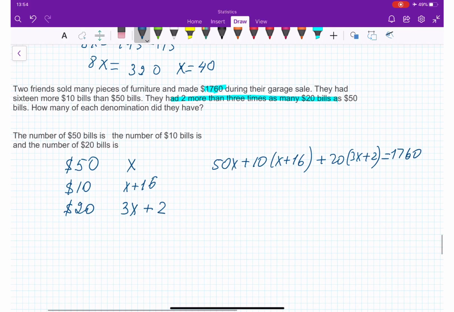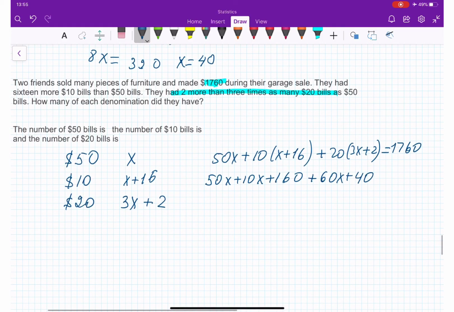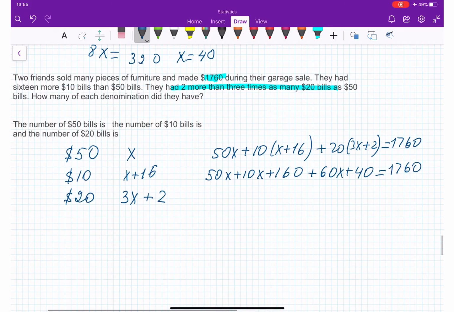Okay, so if we open the parentheses, 50x plus 10x plus 160, I distributed 10 by x and 16, and then plus 60x plus 40, and we get 1,760. So 50, 10, 60, it's going to be 120x equal to 1,760.